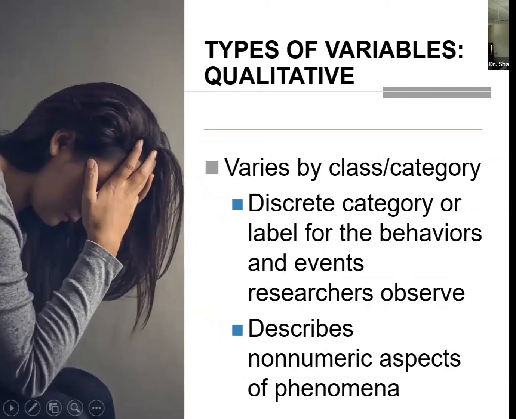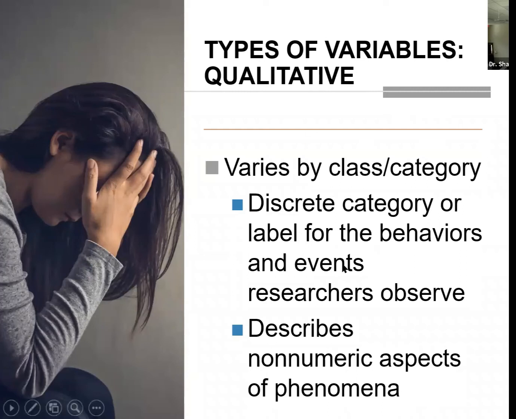Now, another thing that I would like to talk about is, conversely, the qualitative variable. When we are talking about a qualitative variable, we are talking about a class or a category.